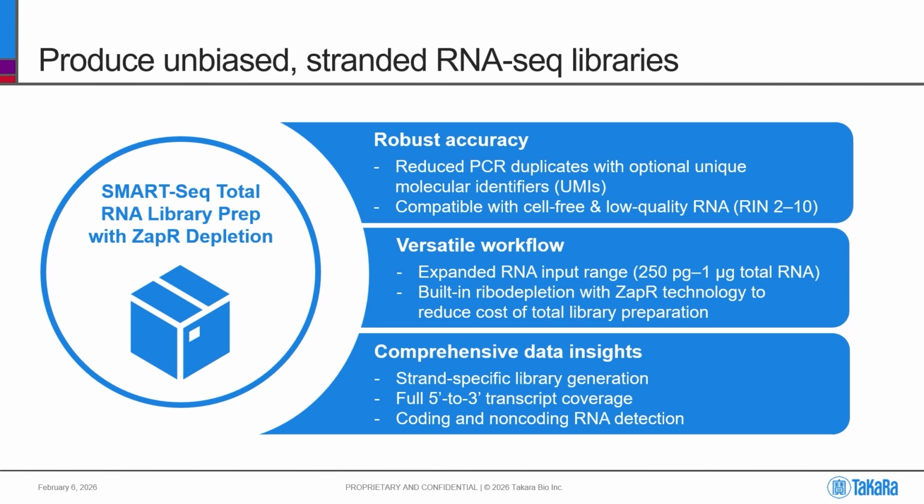It's built for real-world challenges, performing reliably with cell-free RNA, FFPE, and a wide input range. And because ZAPR depletion is already included, there are no extra reagents or hidden costs. The result is strand-specific, full-length transcript coverage that captures both coding and non-coding RNA, so you never miss what matters.